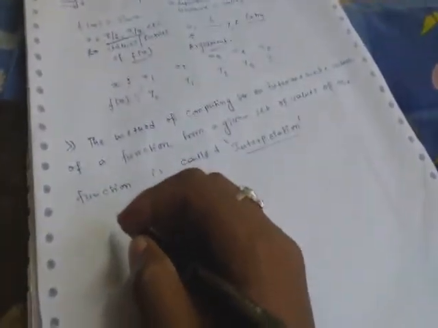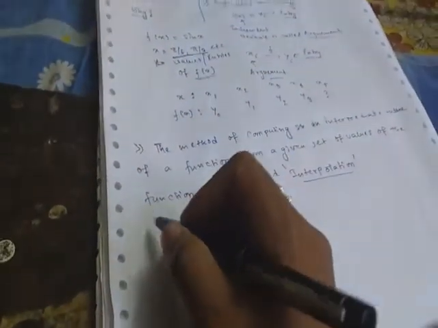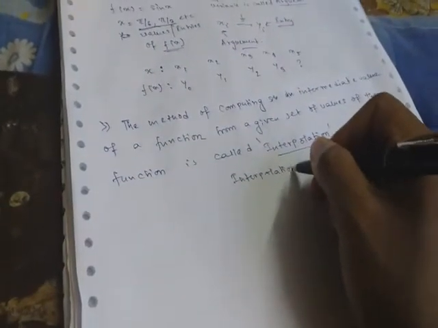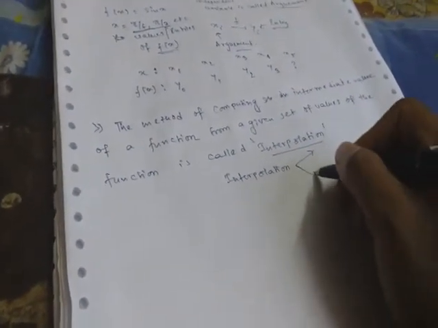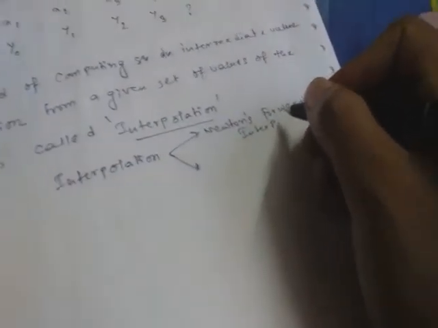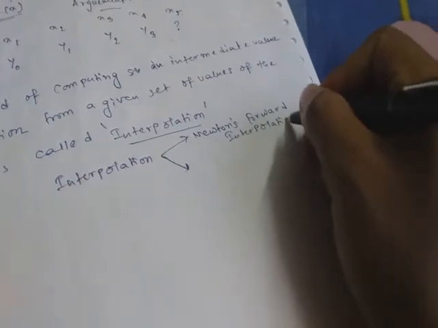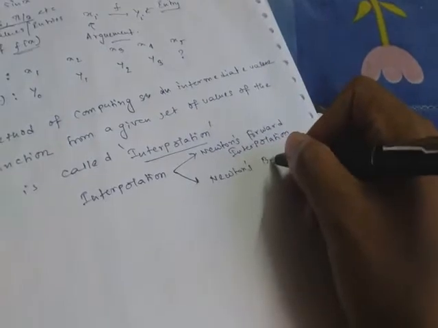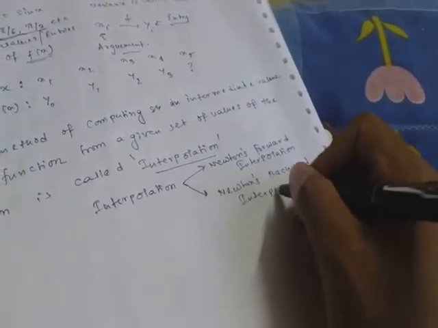Before going to study interpolation, we should know the types. Interpolation is of two types. One is Newton's forward interpolation, and another is Newton's backward interpolation.